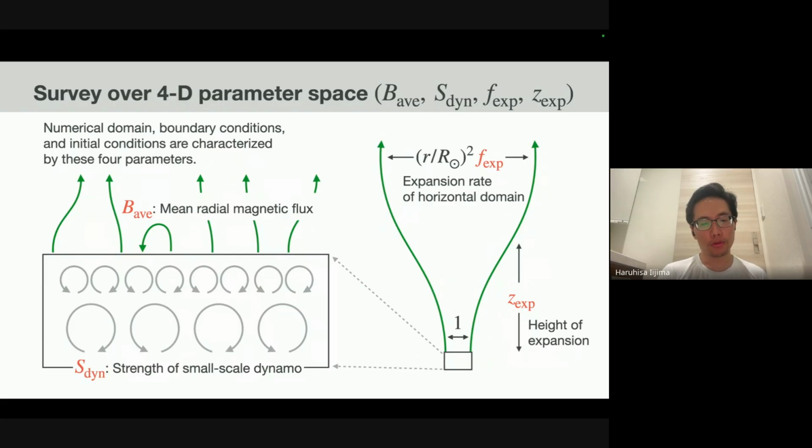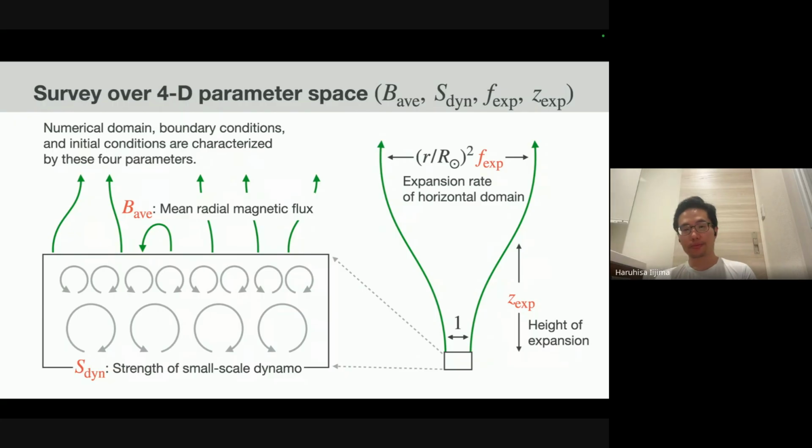And the second parameter is the strength of the small-scale dynamo, because the simulated convection zone is only a portion of the solar convection zone. The realized magnetic field strength on the solar photosphere depends on the recurrent magnetic energy from the deep convection zone into the numerical domain, as found by Matthias Rempel at HAO.